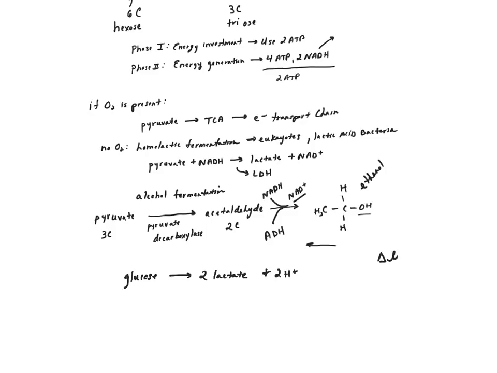Overall, the delta G for this reaction, I'm going to write all of these in kilojoules per mole, ends up being about minus 196 kilojoules per mole. Okay, so this again is what happens in homolactic fermentation.